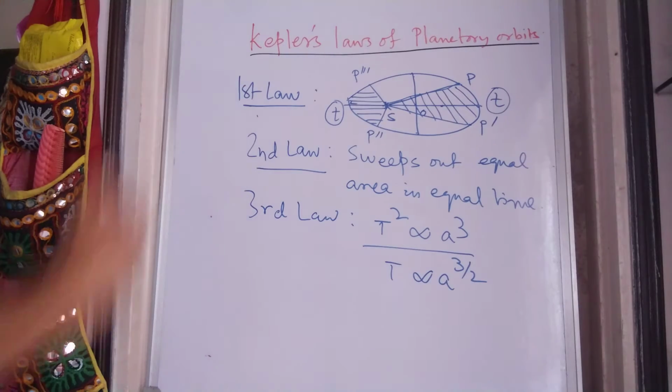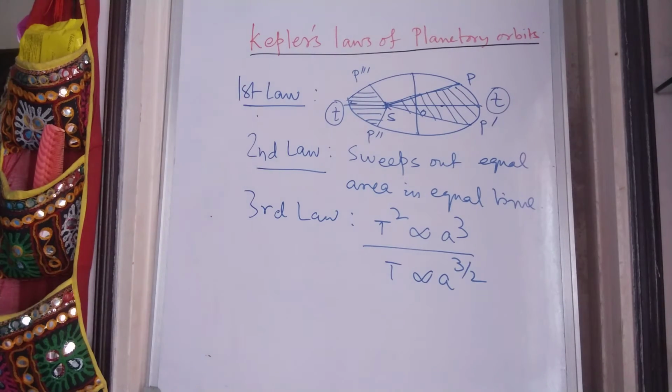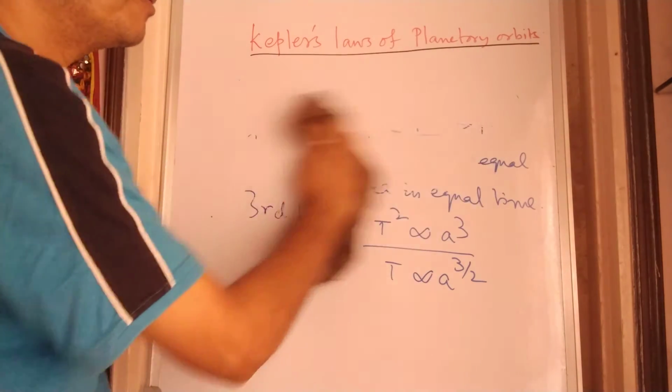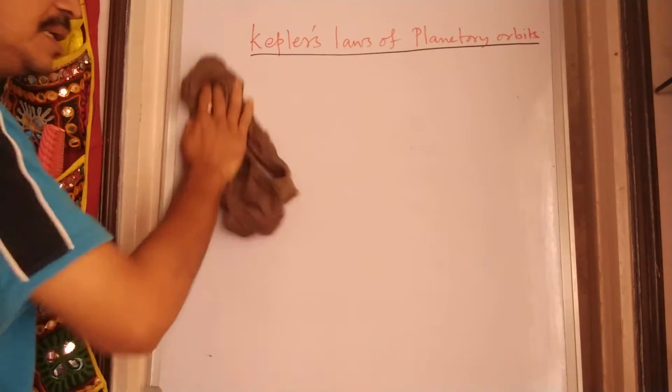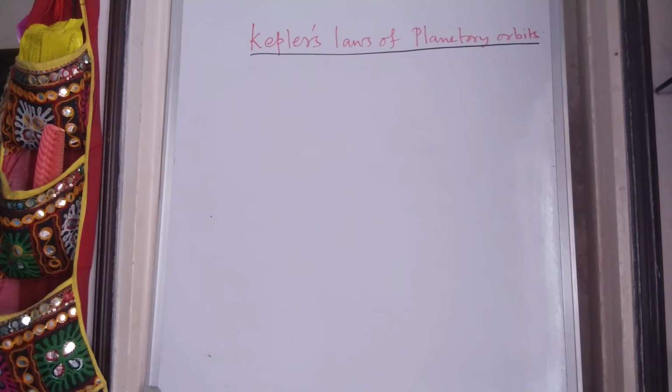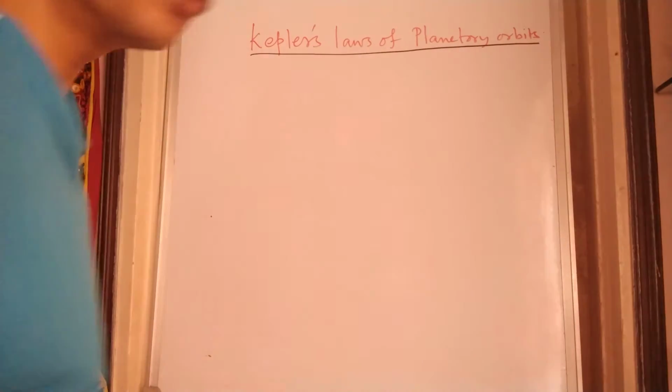So these are the three laws of Kepler, and we will discuss them in the light of what we have learned in radial and cross-radial acceleration for a particle moving under central force.